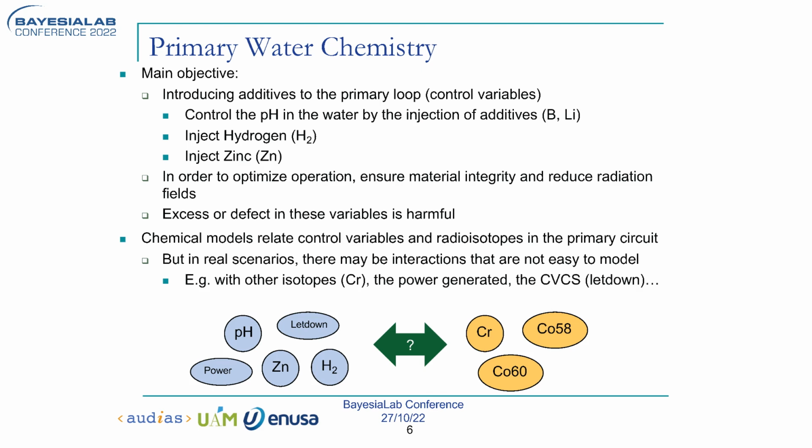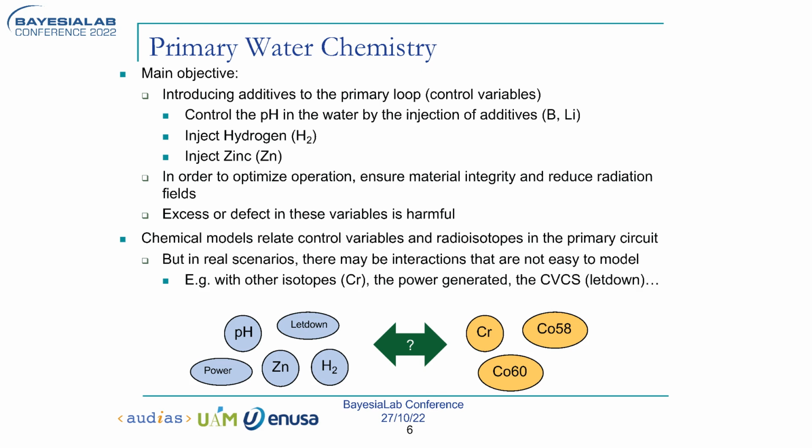But there's a need by NUSA to increase this knowledge about what these interactions may be happening in the primary loop, or in some way related to our research, how can we predict what the radioisotope concentration would be when we manipulate the control variables?